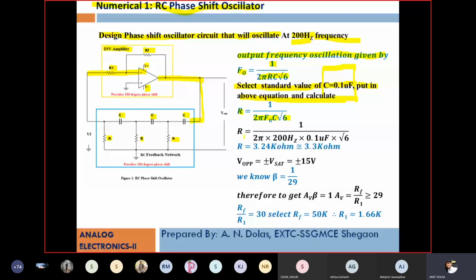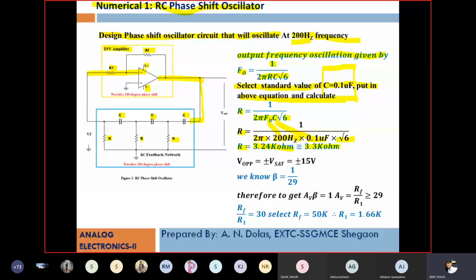Putting the values, that is 1 by 2 pi into 200 Hertz is the F0, then 0.1 microfarad is the capacitor, and multiply by root 6. By this calculation, you will get 3.24 kilo ohm, but you will not find a standard value of 3.24 kilo ohm in the market. So a nearby value is preferred. The nearby value, 3.3 kilo ohm, is selected for this purpose.